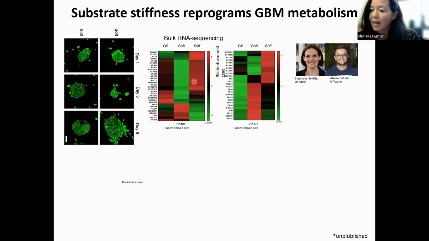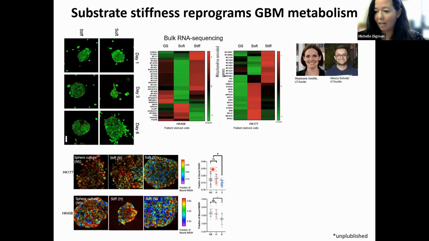And they saw that for both cell lines, so they had 2 different cells, these are patient-derived glioblastoma cells, the mitochondrial encoded genes are downregulated in the soft substrates, whereas in the stiff material, mitochondrial markers are being upregulated. So the same is true for both glioblastoma patient-derived cells, which means that glioblastoma cells overexpress proteins involved in OXPHOS in stiff hydrogels compared to soft hydrogels.